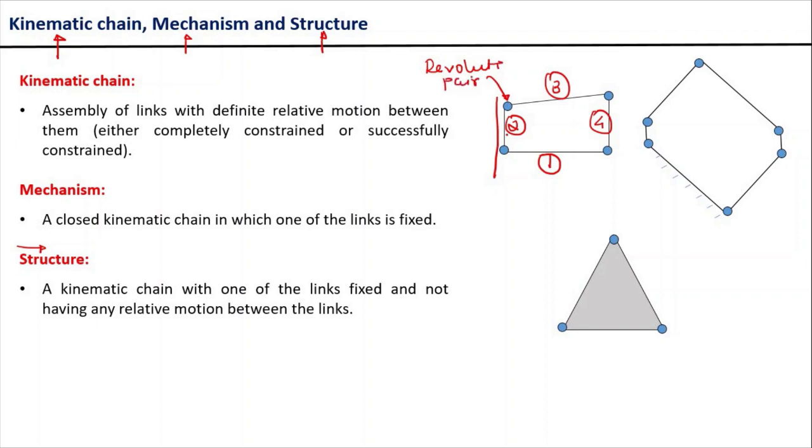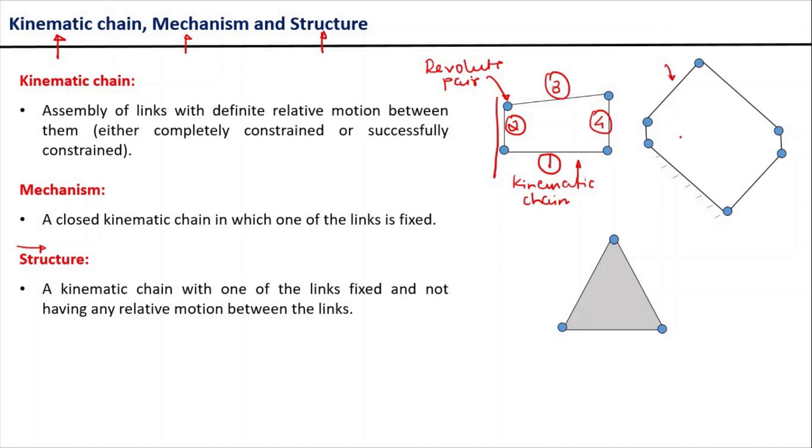That means links 1 and 2, 2 and 3, 3 and 4, and 4 and 1 will have a turning motion relative to each other. So this entire combination of links will be referred to as a kinematic chain.